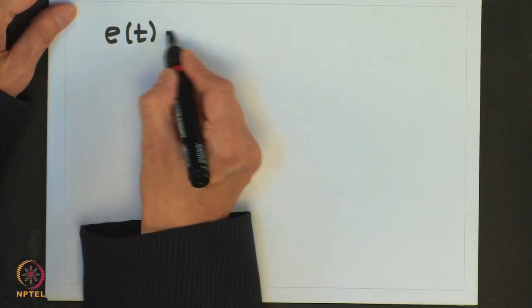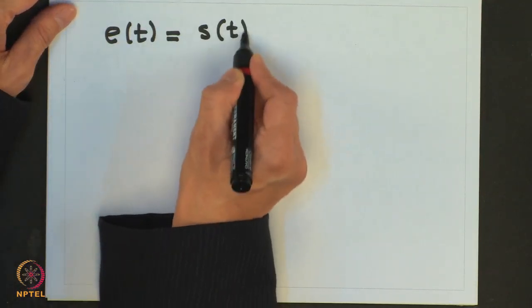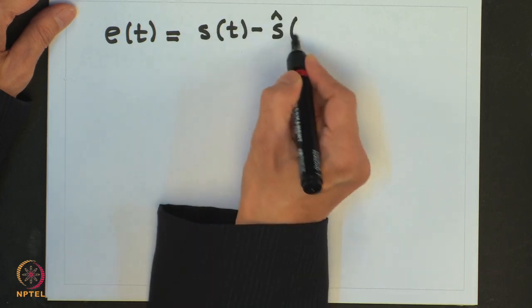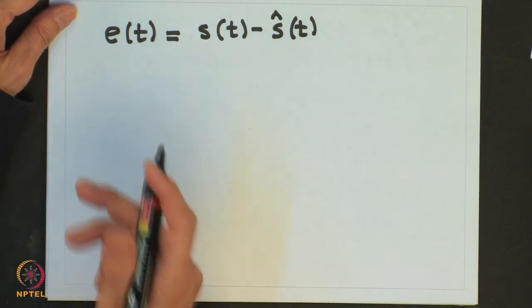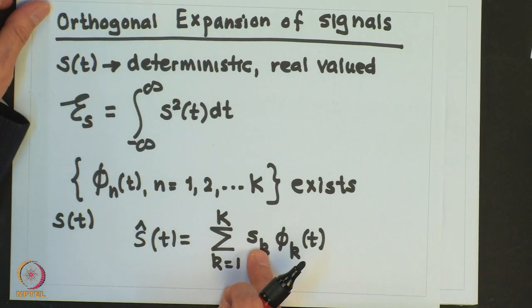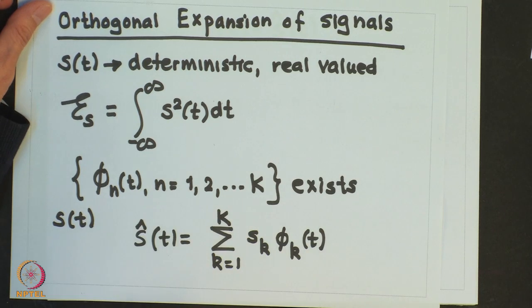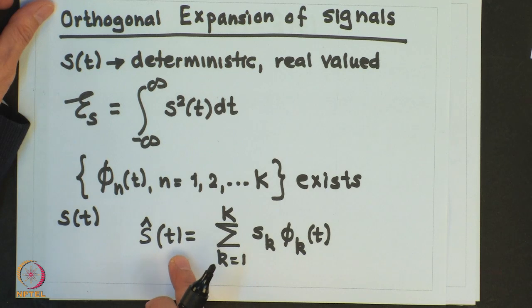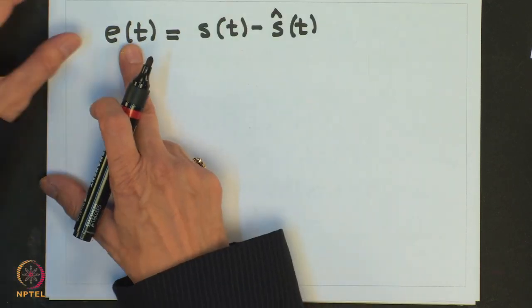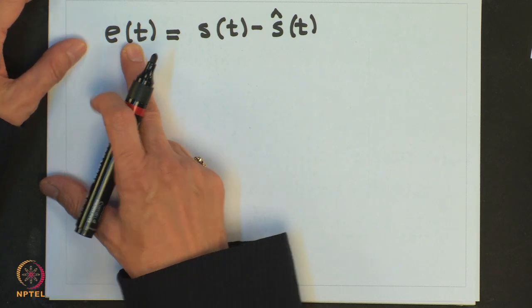Now, in doing so, there will be some kind of an approximation error. So, let me denote that approximation error as e(t), that would be equal to s(t) minus s hat(t). Okay. So, now my problem is to select the coefficients s_k in the representation of this signal s(t) in terms of the orthonormal set in such a way that the energy in this error gets minimized, correct.